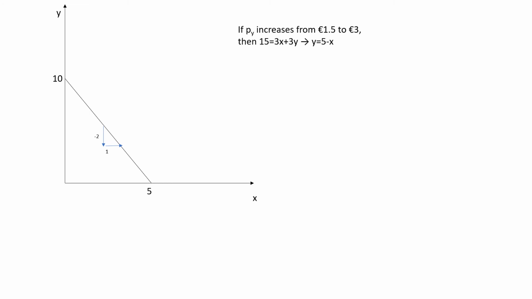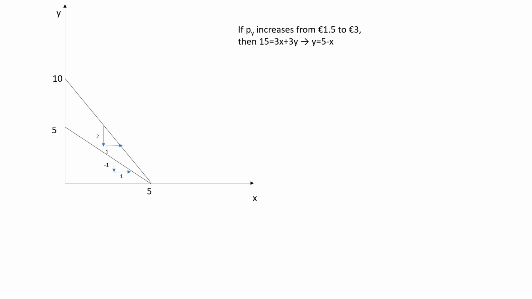Getting Y to the left-hand side of the equation will give us the equation for the new budget constraint line. So Y equals 5 minus X. So because the good Y became twice as expensive as before, the intercept along the axis Y will become 5. But because the price of the good X didn't change, the intercept along the horizontal axis, X, didn't change.